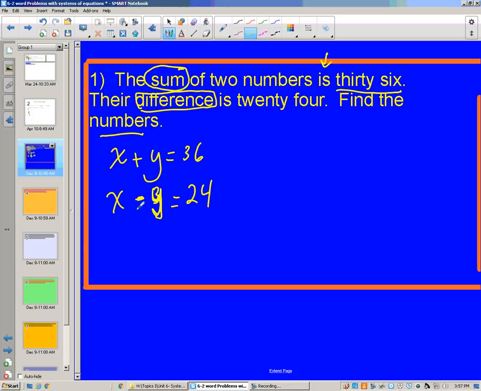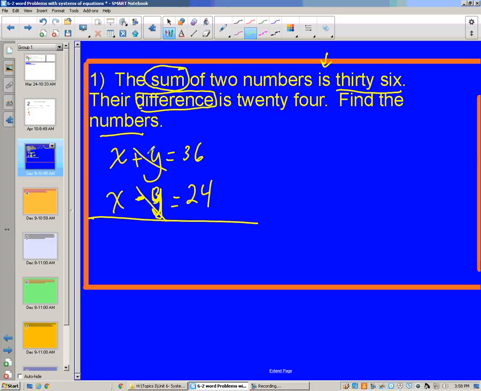When I'm looking at these two equations, I notice that if I combine them, if I put them together, it's really an addition. You're taking one equation and adding it to the other one. When I do that, I notice that positive y and negative y will cancel out.